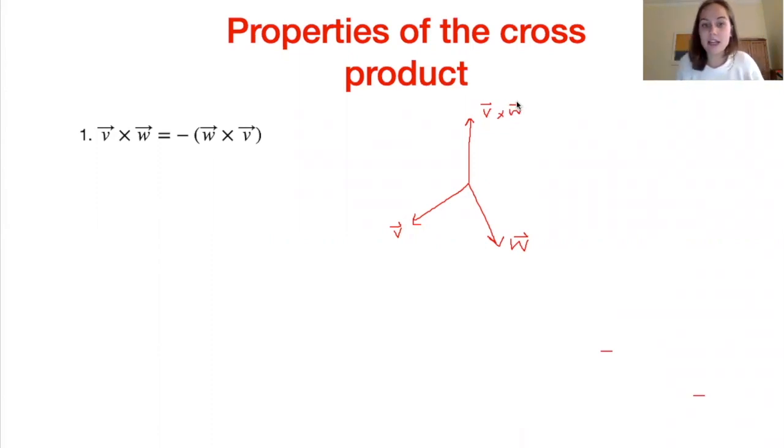Now, if we take it the other way around, we do W cross V, we now need to curl our fingers in the opposite direction.